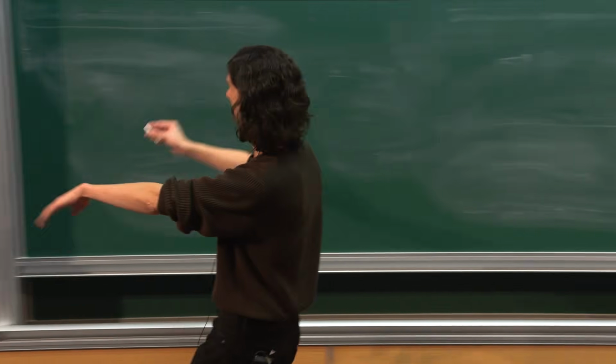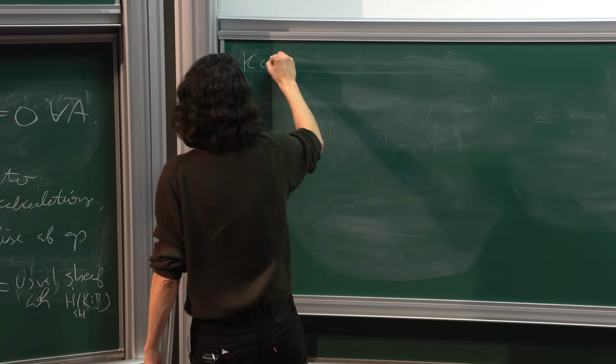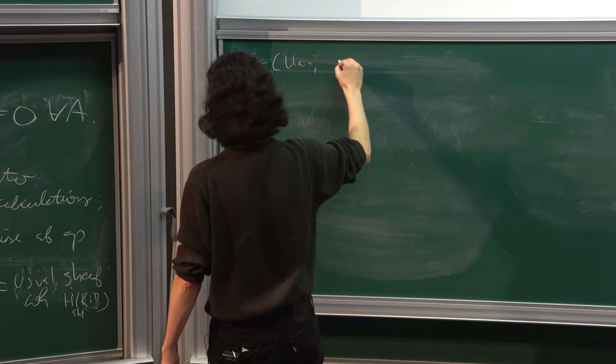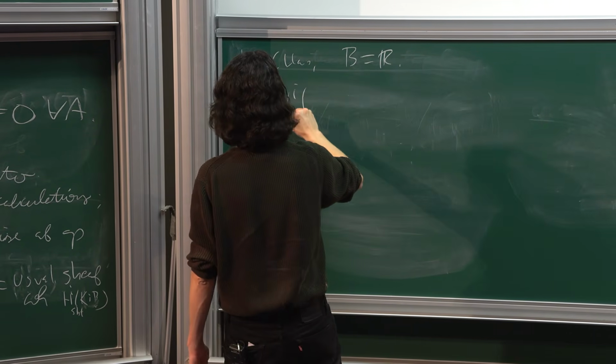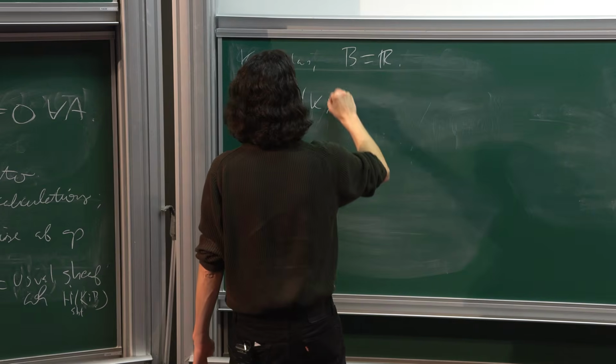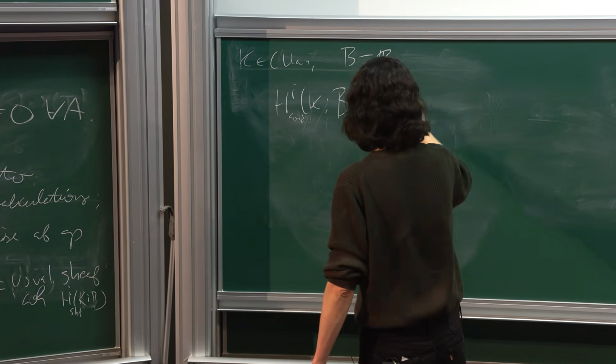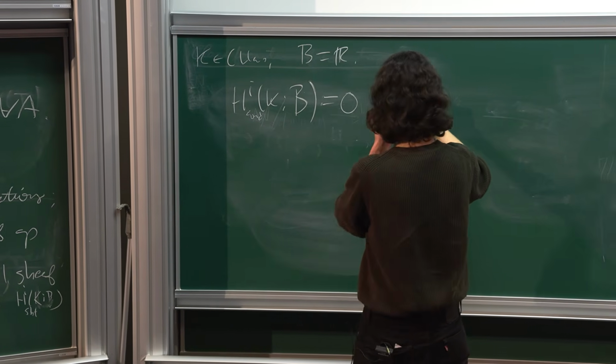So that's one. And also, for K compact Hausdorff and B, say, equal to R, then H^i in the condensed sense, of K with B coefficients, is actually equal to 0 for i bigger than 0.